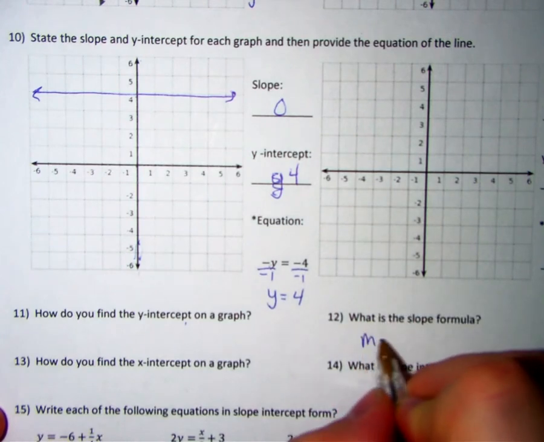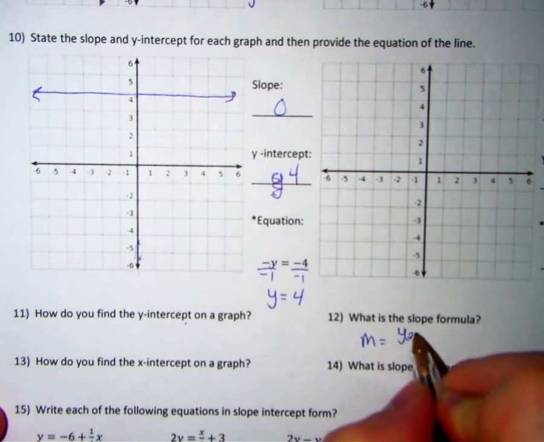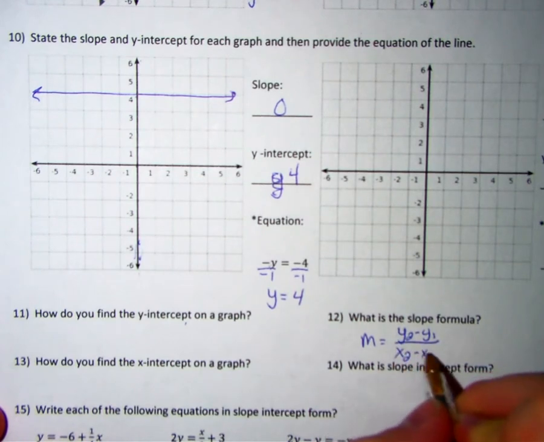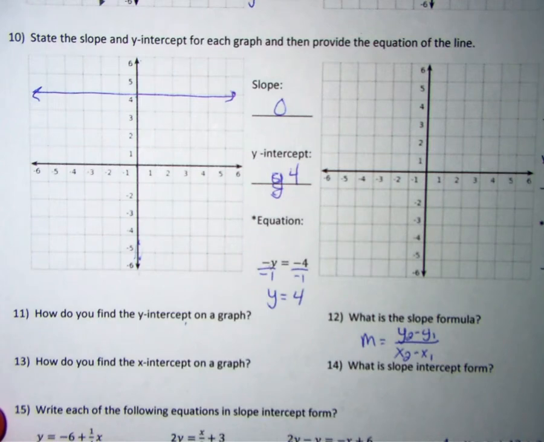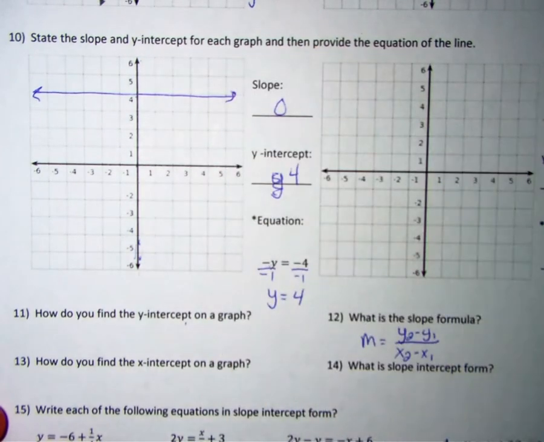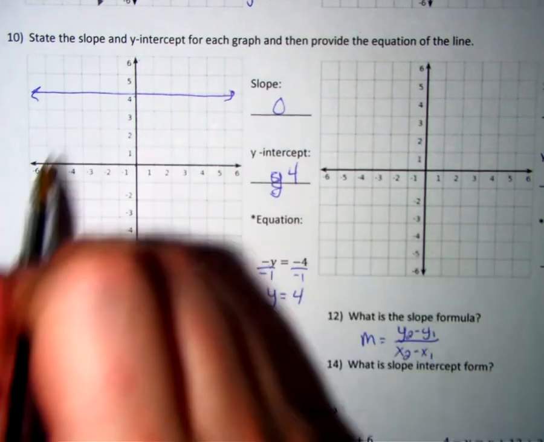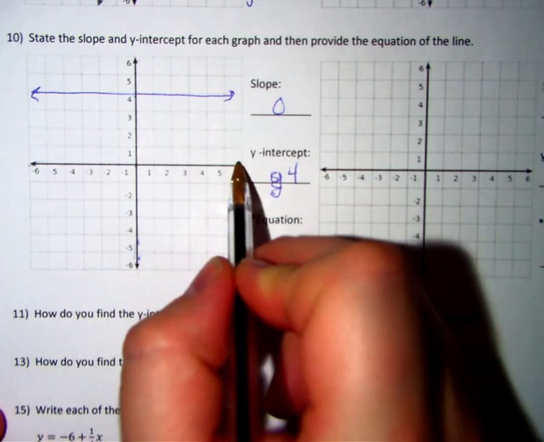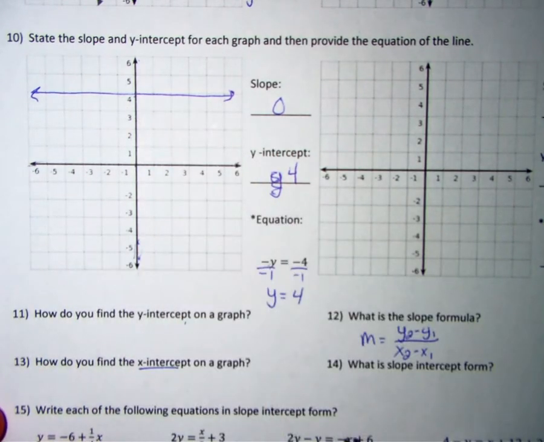Well, that's our m is equal to y2 minus y1 over x2 minus x1. How do you find the x-intercept on the graph? Well, if the y-intercept is where the line intersects the y-axis, the x-intercept must be where the line intersects the x-axis. And problem 10 has no x-intercept.